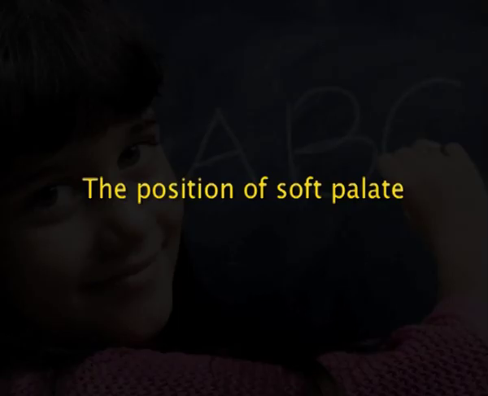The next factor which is important in the production of speech sounds is the position of the soft palate. The position of the soft palate tells us whether the sound is oral or nasal. Let us see how it happens.